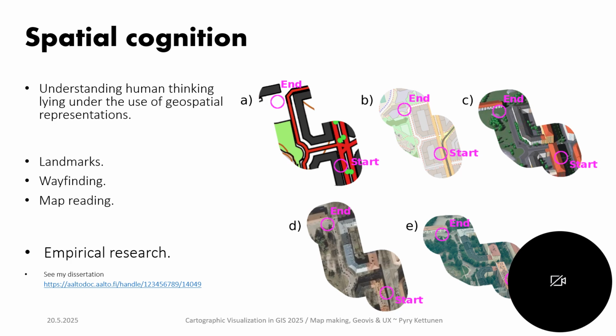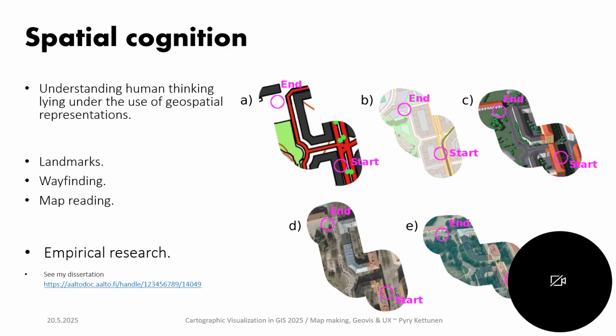And then wayfinding is about finding one's way in the environment. It's very central in spatial cognition because lots of our thinking is around how to find one's way from one place to another. And then map reading from the cartographic point of view is central, on which empirical research can then be made.